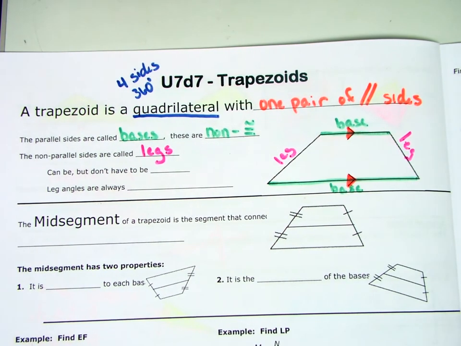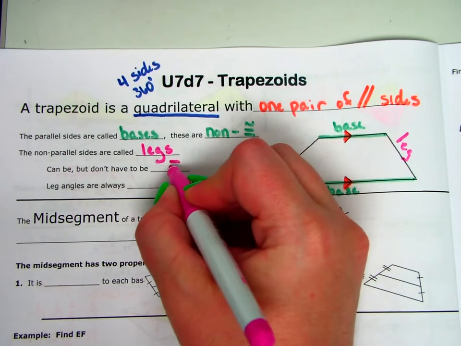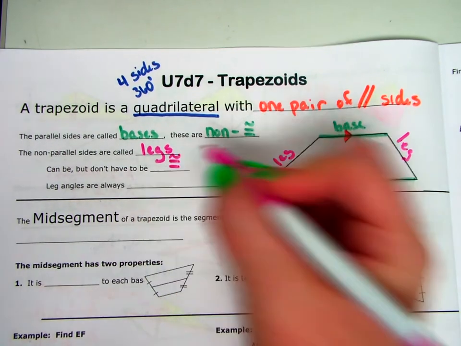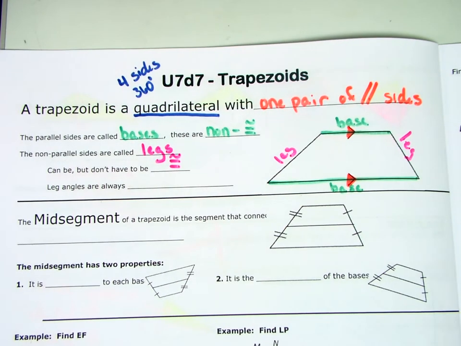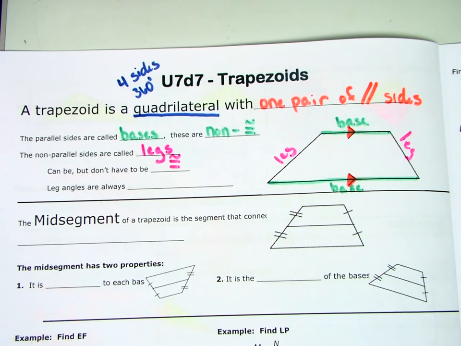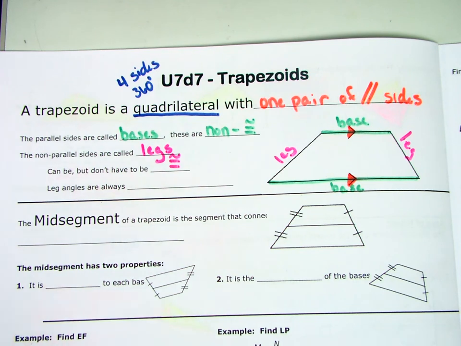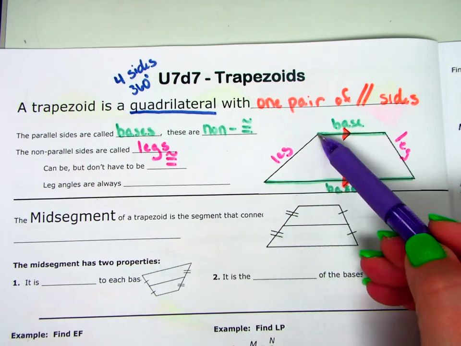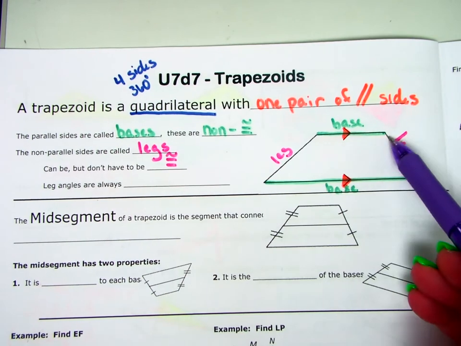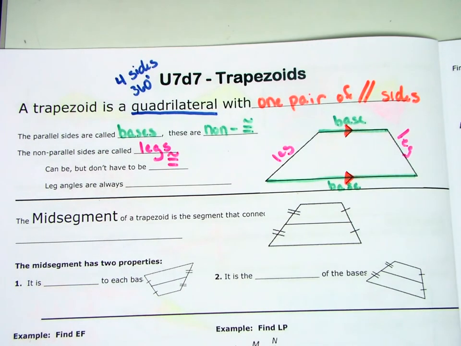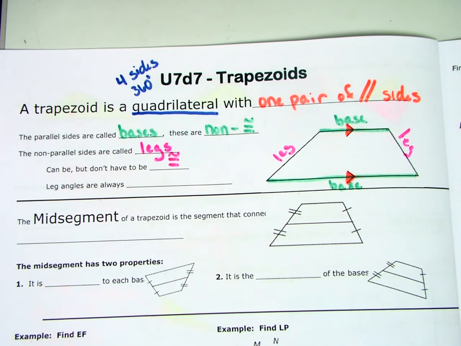They can be, but they don't have to be, congruent. For example, if you look at the example there, if this is to scale, this one looks like it's probably going to be longer than this one. Again, we don't know if that's true because we don't know if it's to scale.